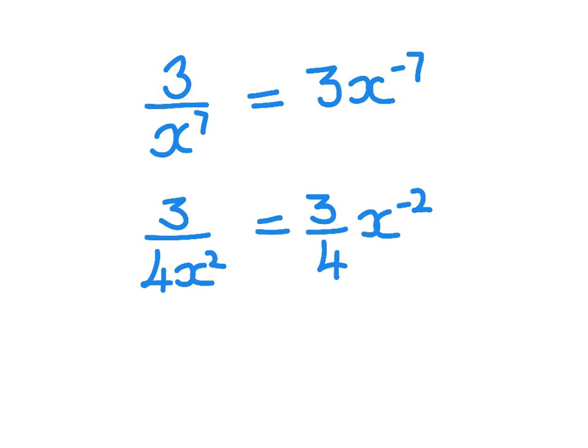I could also say that it's 3x to the -2/4. Because we're doing this in preparation for differentiation, I would like to keep the coefficients separate so that I'm reminded when I multiply by the power and reduce the power by 1, it will be a little bit easier for me to understand what the coefficient of my derivative is going to be.